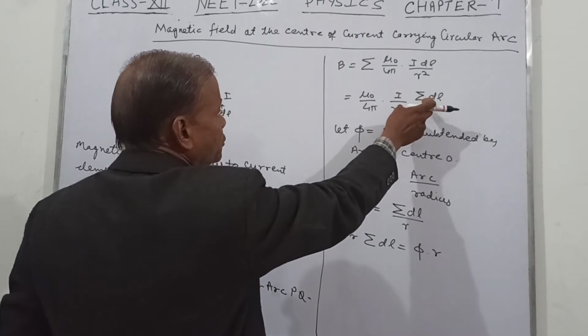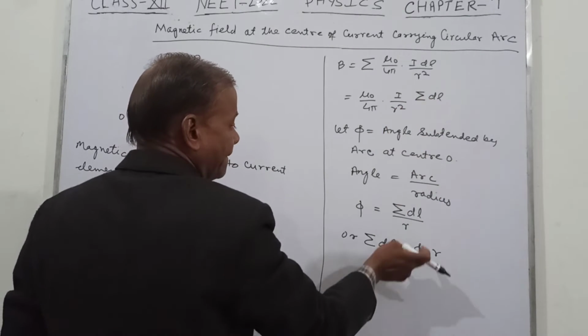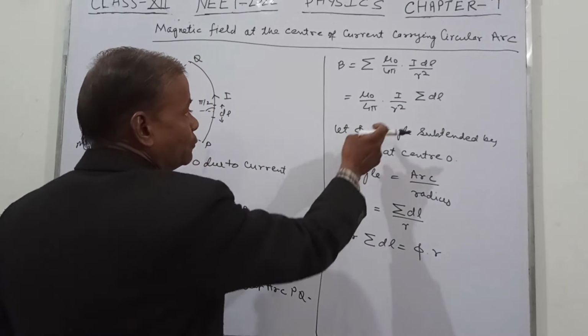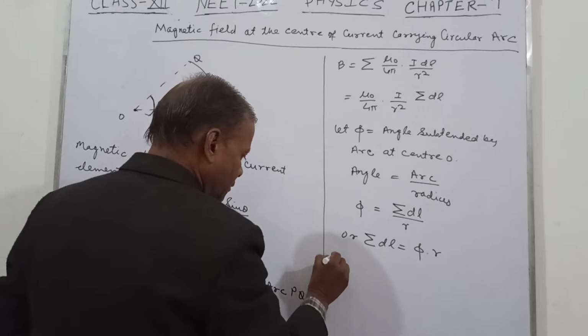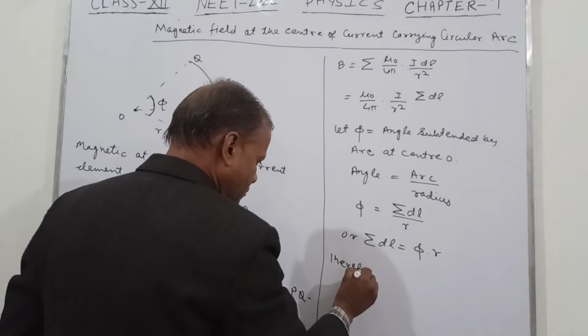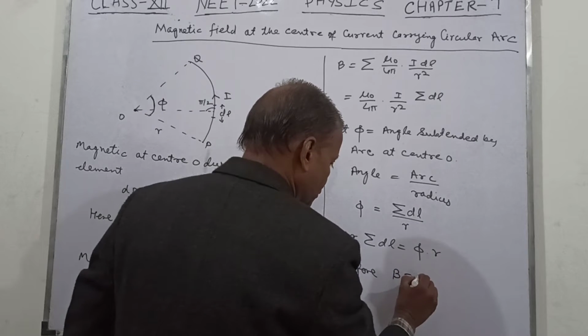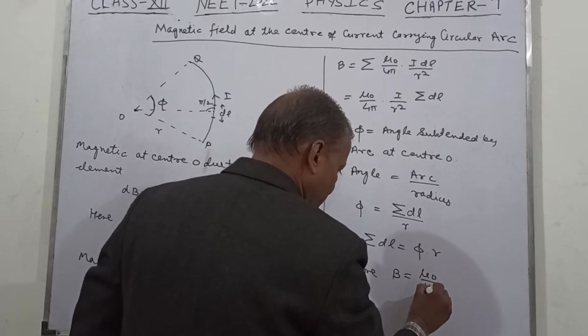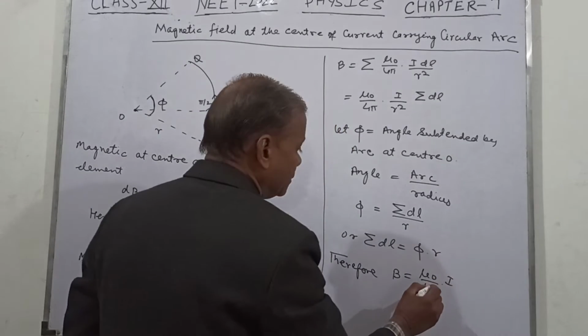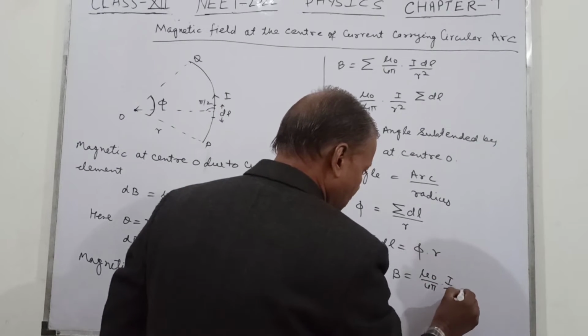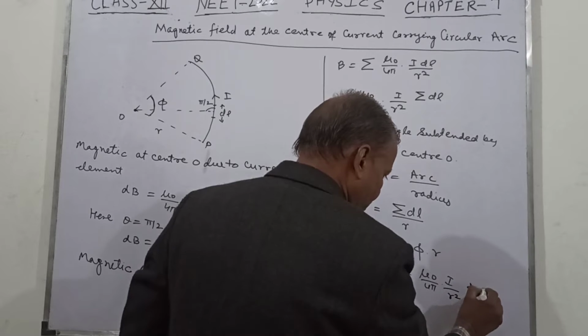So now in place of this we can write this. Therefore B equal to mu naught upon 4 pi into I upon r square into phi into r.